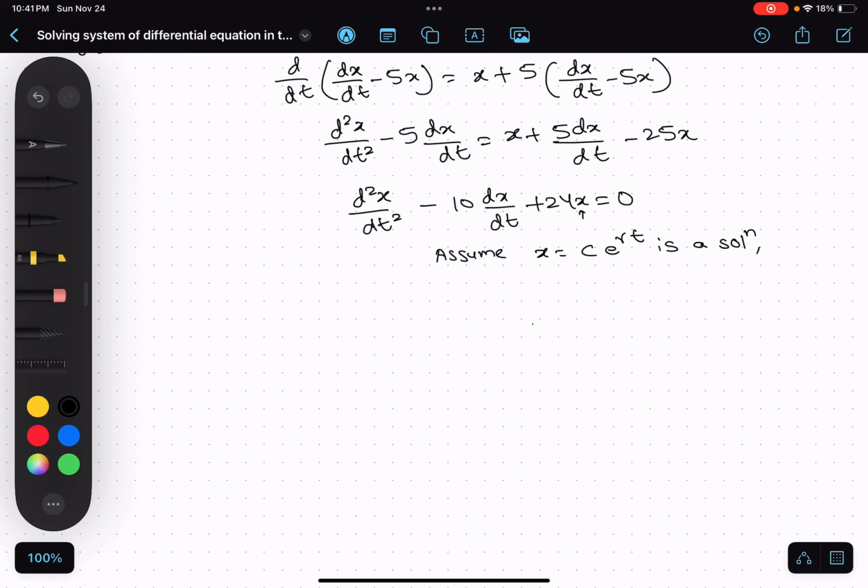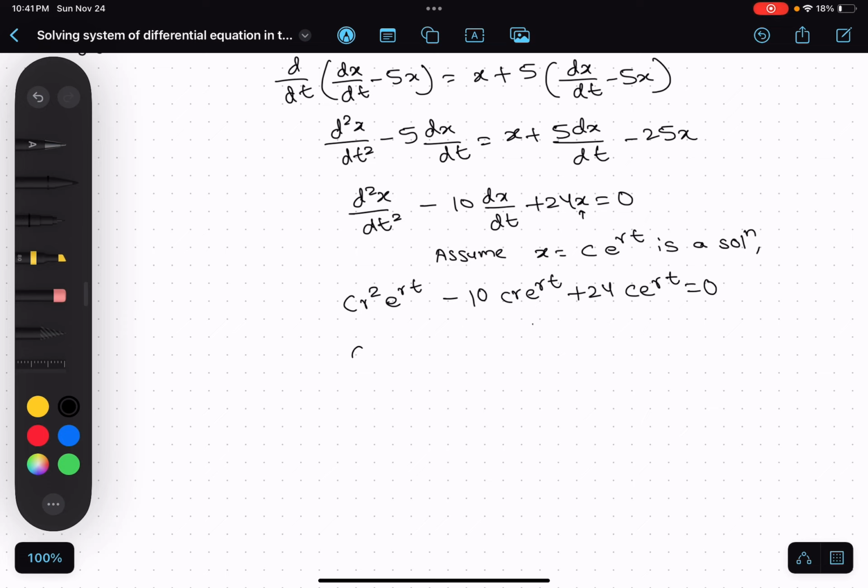So if this is the solution, we will have c r² e^(rt) - 10 c r e^(rt) + 24 c e^(rt) = 0. We are assuming this is the solution, and now we are trying to find the values of r and c.